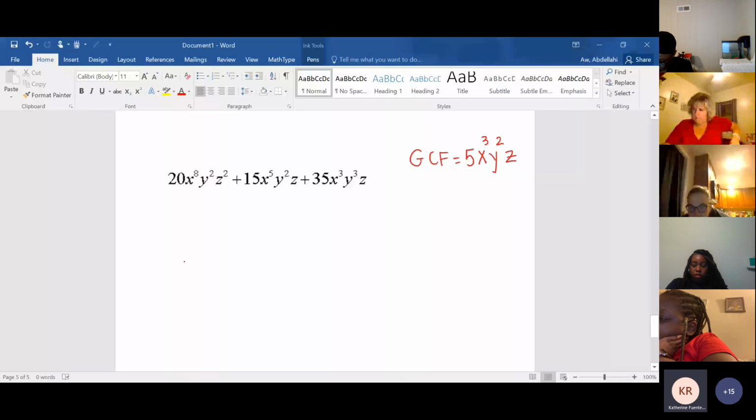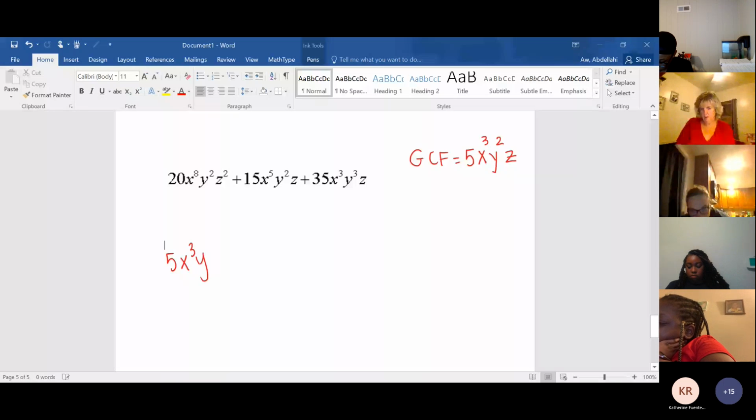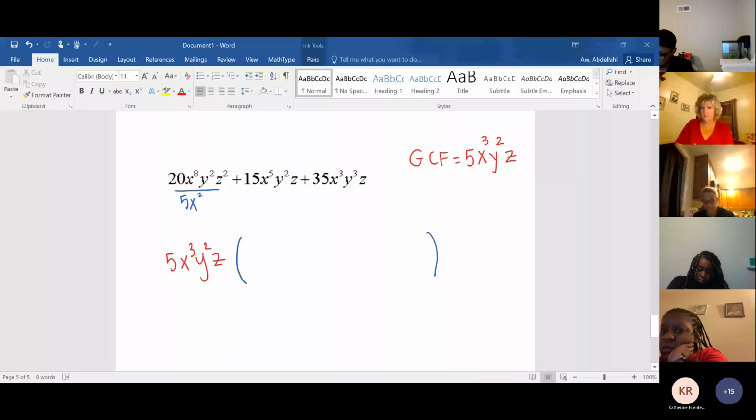So you put the GCF up front, 5x cubed y squared z, and then you open the parentheses and divide each term by 5x cubed y squared z. The first one, 20 divided by 5 is what? 4.